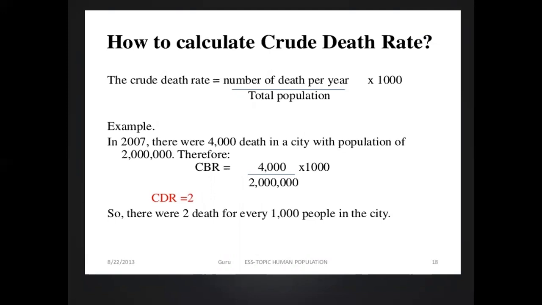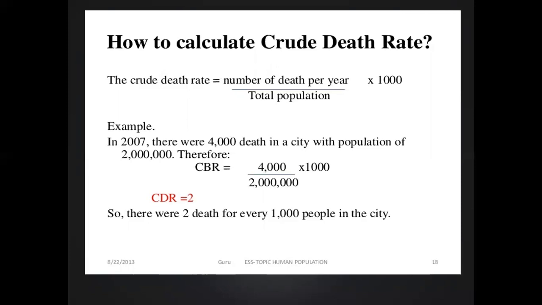Dear cadets, how to calculate crude death rate? Crude death rate equals number of deaths per year divided by total population, times 1000. Here is the example.